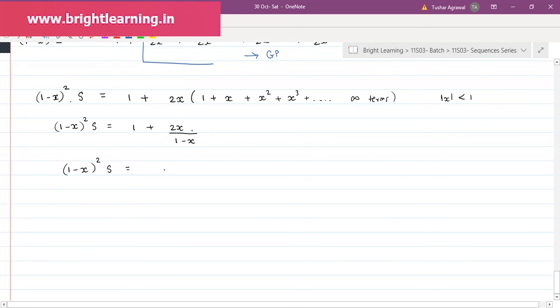This will be x plus 1 upon 1 by 7 plus 1 upon 6 upon 7 whole cube. You do the substitution, do the calculations.